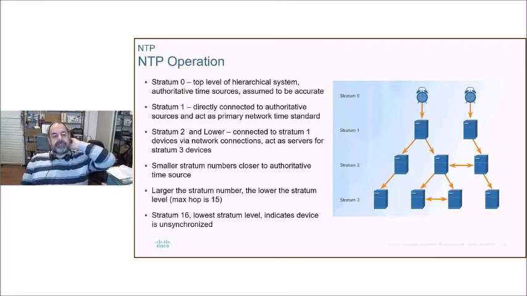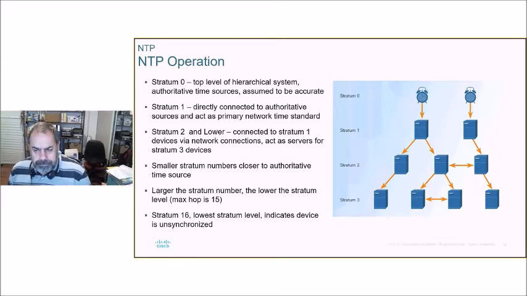So NTP is a hierarchical system, and so basically when it comes to stratum, it basically means how far removed this server is from a trusted, authoritative time source. And so basically if it's stratum 1, it means that this particular NTP server is directly connected to an authoritative time source.